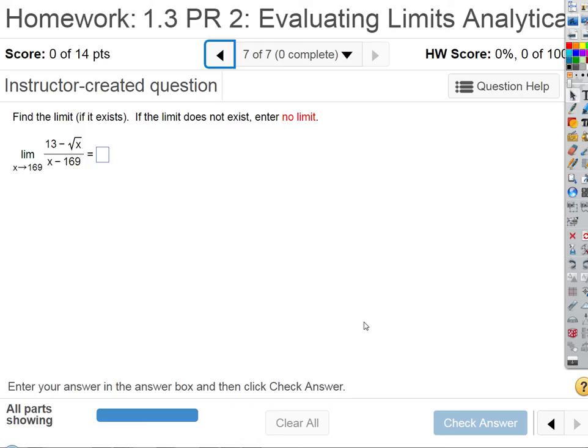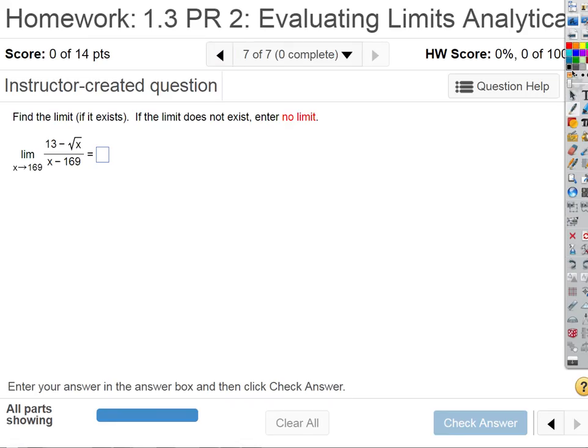So what was our trick? The conjugate. Good. We're going to multiply top and bottom by the conjugate of the expression that goes to 0 and involves a radical.